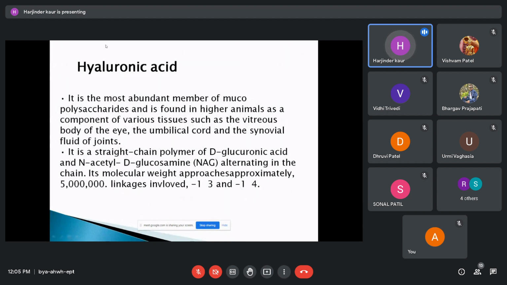Some of you who are interested in cosmetics and all might have heard about this hyaluronic acid.